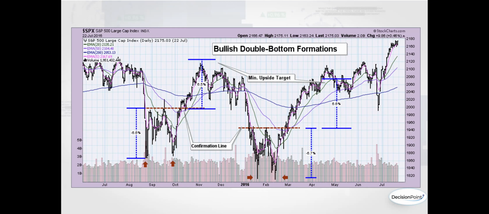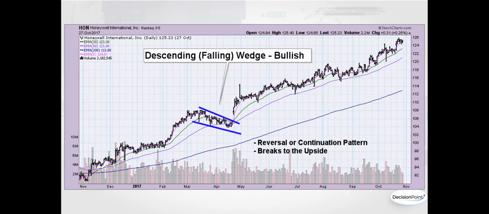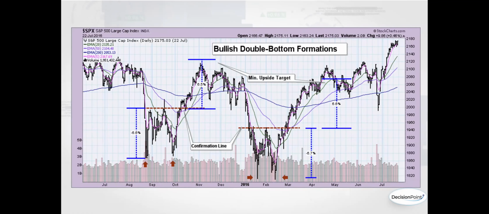Although I would have to say, if I can go back, here we go, that typically what you're going to see is the height of the back of your wedge, add it to the breakout point. But typically, you know, that just takes you back kind of to where you were before the pattern set. So I don't really use targets on the wedge patterns. But like I said, we can use them for the double bottom.